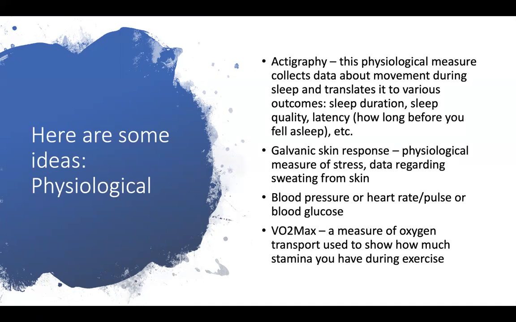You could do that. There's another physiological measure called galvanic skin response, or GSR. GSR measures essentially moisture or sweat on the skin. Very, very small amounts can indicate stress. And so you can get a measure of stress from GSR. That might be really pretty cool.